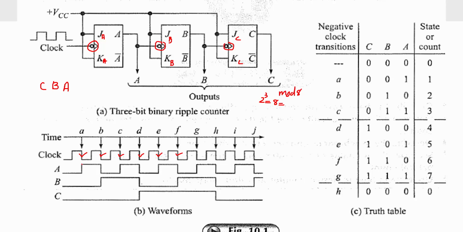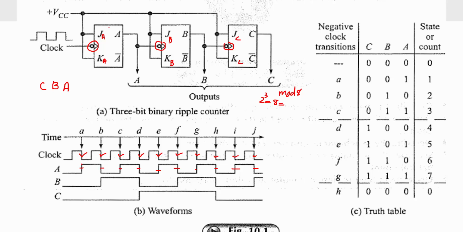Both J and K of the flip-flop are connected to high, or VCC, which means it will always toggle. So it toggles high to low, low to high, high to low, low to high, high to low, low to high, high to low, low to high, high to low during all the negative edges of your external clock pulse.